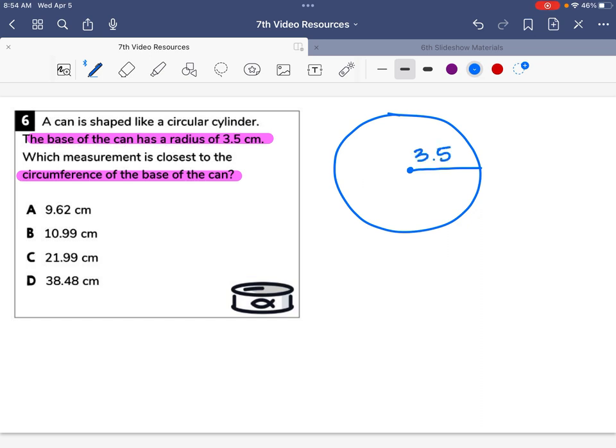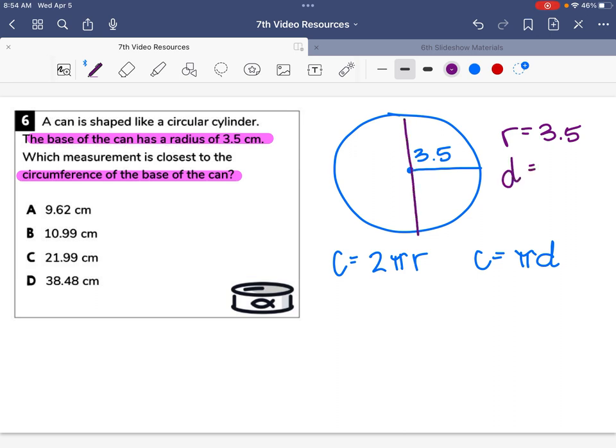And they want the circumference, so again, I can use two different formulas. I can use circumference is equal to 2 times pi times radius, or circumference is equal to pi times diameter. They gave me 3.5 as a radius. If my radius is 3.5, then my diameter is double that, so that would be 7.